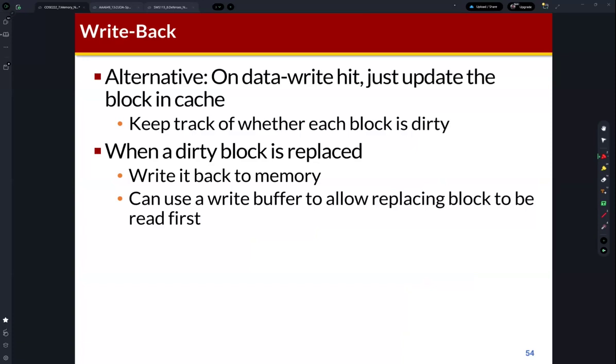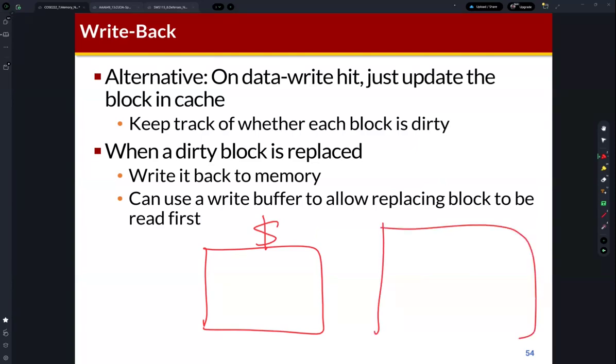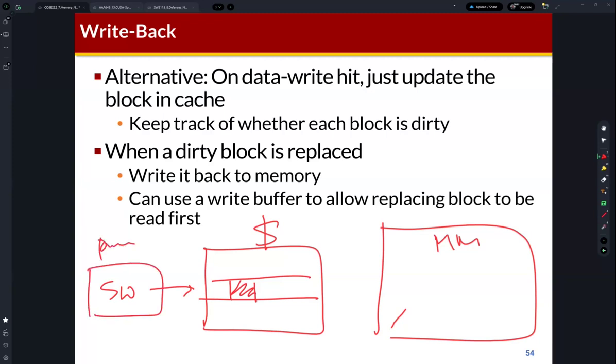So write back means that, this is the cache, this is memory, and it's a write hit case. Store instruction is executed, then the part of the cache block will be updated. But we can assume that when the processor executes the next instructions, the processor can just access this cache block, right?